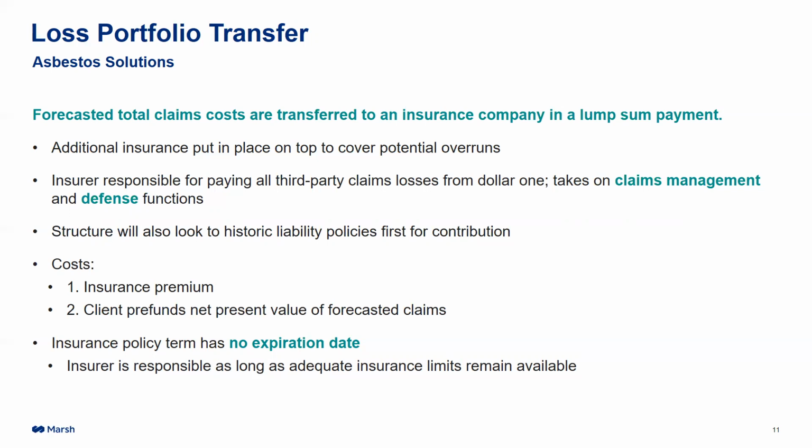From an application perspective, the insurance company is going to take the responsibility. They're going to take all the costs starting at $1. They're going to take over the use of your historic general liability, umbrella, and excess policies. They're going to seek those contributions from those insurers, and they're going to manage that process just as if they were stepping into your shoes.